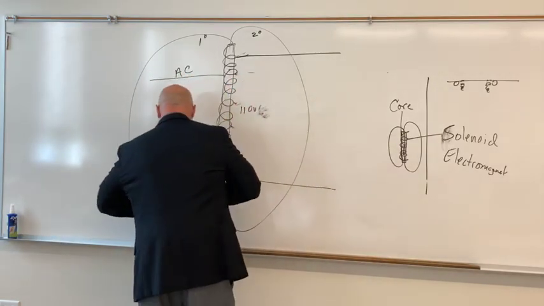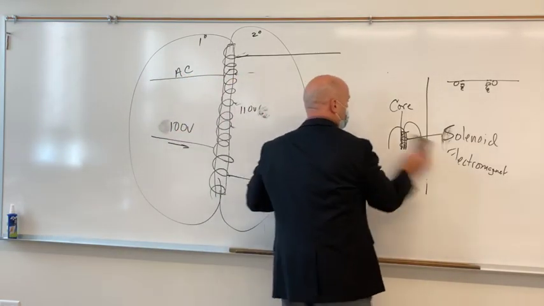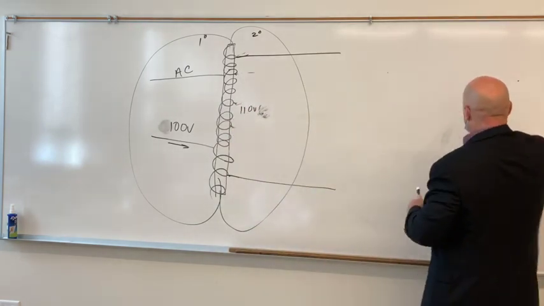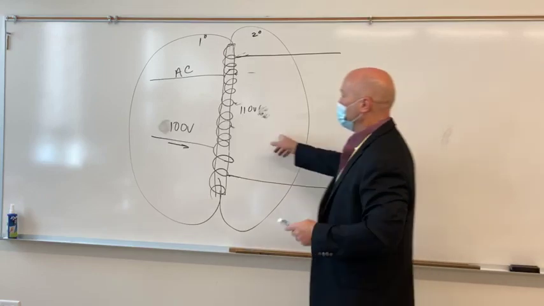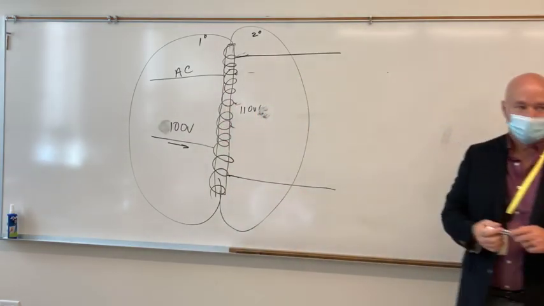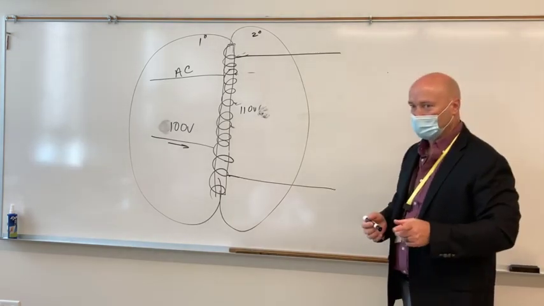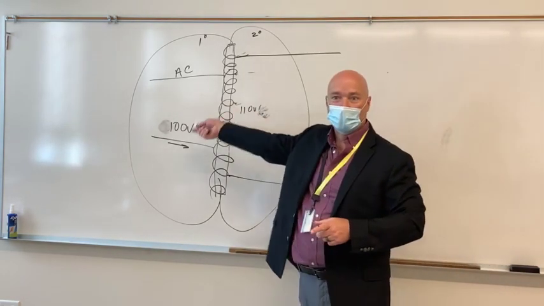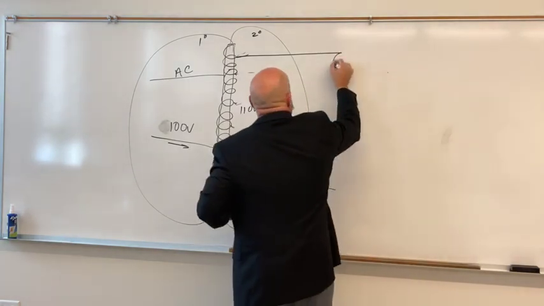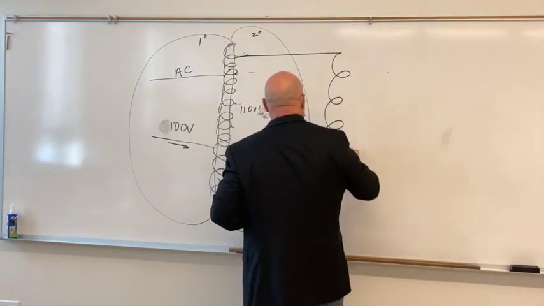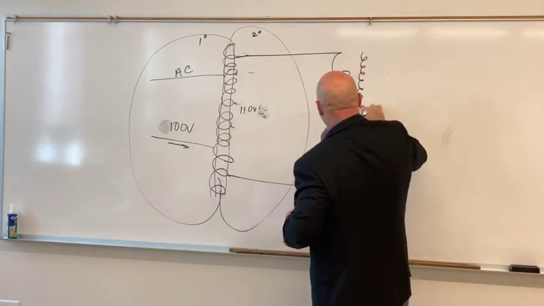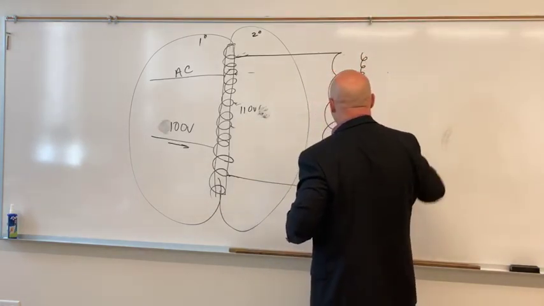Based on what we just saw here, if I have more turns on the secondary side of something than what I have on the primary side, then what happens to our voltage? It goes up, right. Because what I want is high voltage, I'm going to have more turns on the secondary side than on the primary side.